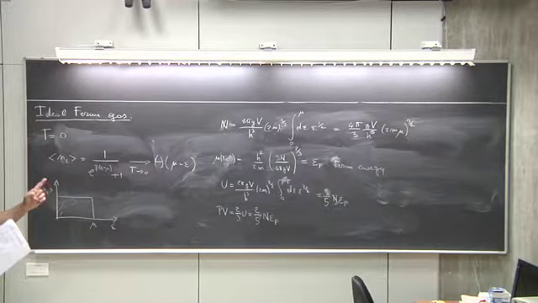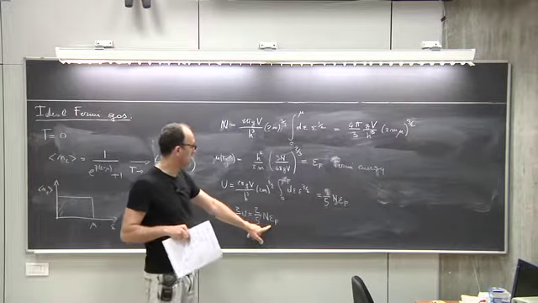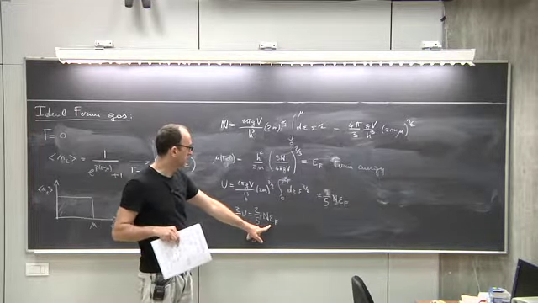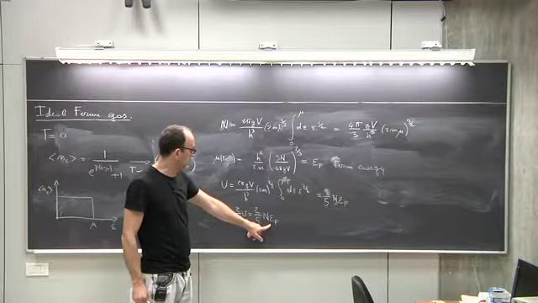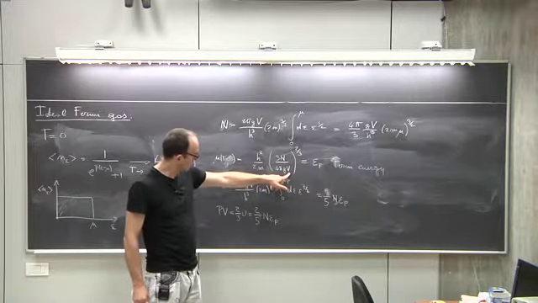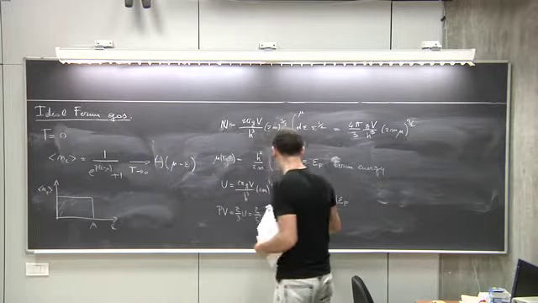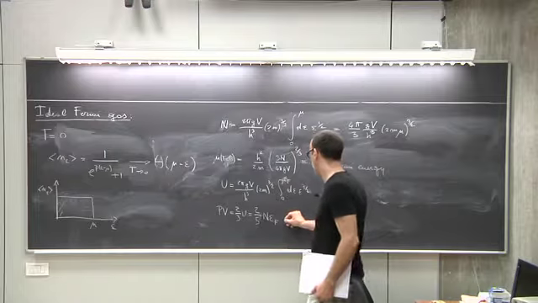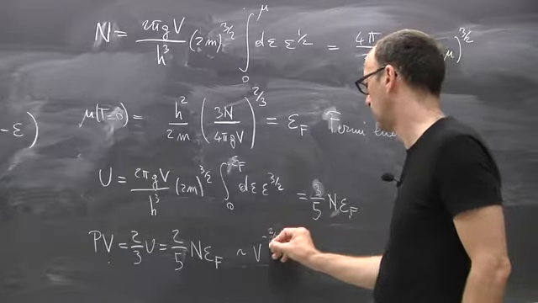So, in particular, you see, since the Fermi energy is proportional to volume to the minus 2/3.